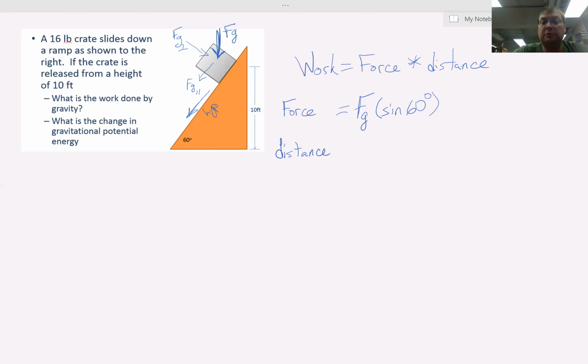So this distance would be the hypotenuse length that it slides along, and this is going to be equal to our 10-foot length divided by the sine of 60 degrees.